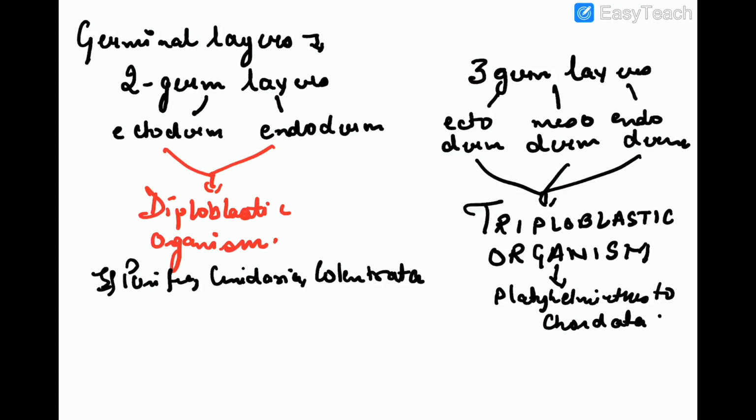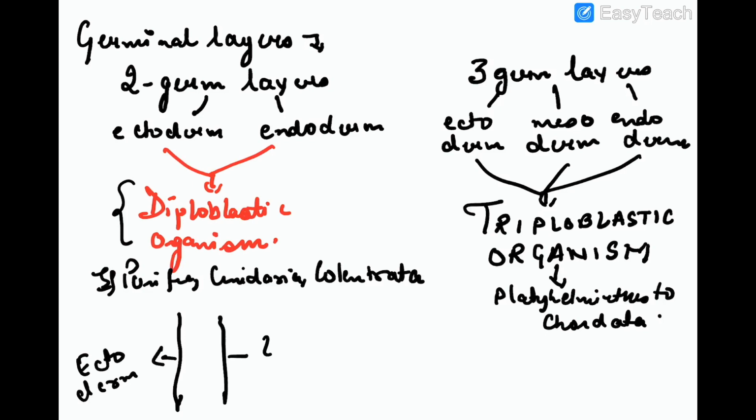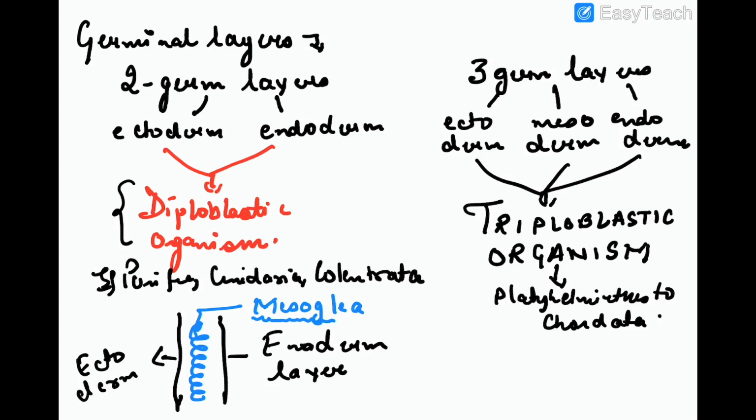We should also know that inside the diploblastic organism, if this is ectoderm and this is endoderm layer, there is presence of an undifferentiated jelly-like layer in between ectoderm and endoderm, which is known as mesoglea.